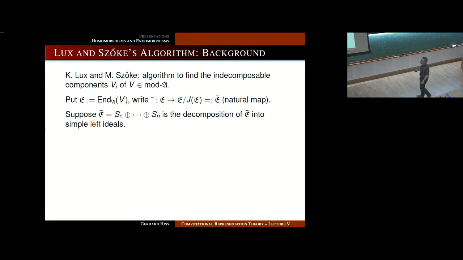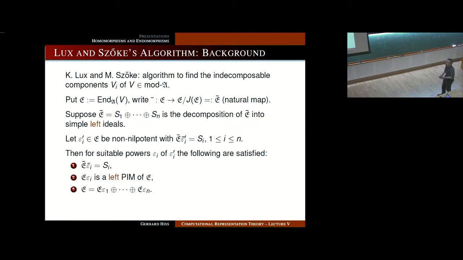These are not the homogeneous components anymore, as in the algorithm by Carlson and Matthews. These are the simple modules, the simple left ideals of E bar. And I would take any non-nilpotent element in E such that the ideal generated in E bar by the image of e_i' is S_i. Suppose you have such an element in E.